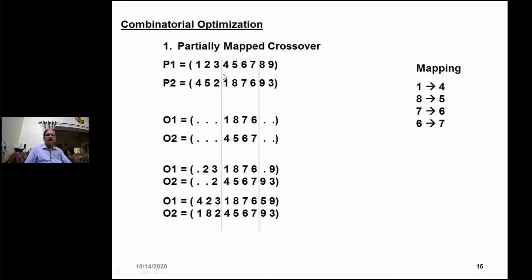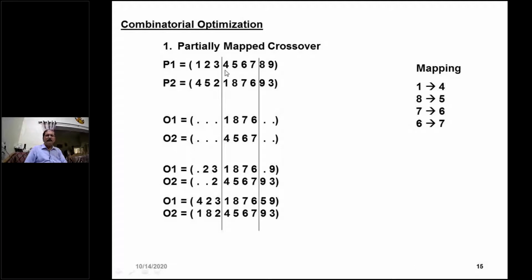Two crossover points have been chosen: after the third digit, and then after 7 digits. So these are the crossover points.